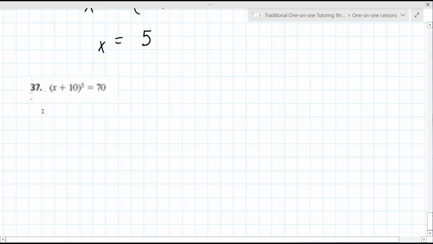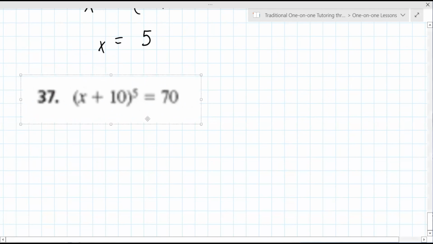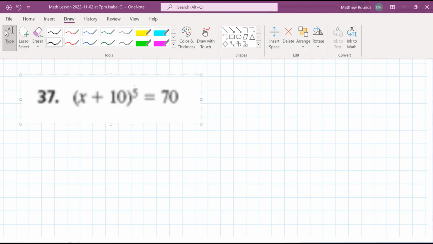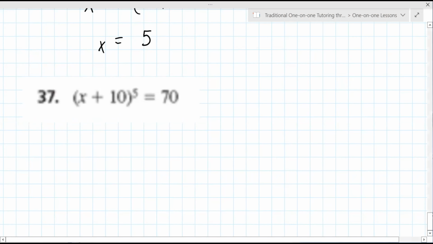37. All right. So again, just like we've been talking about, you undo a square with a square root, you undo a power of 5 with a 1/5 power.